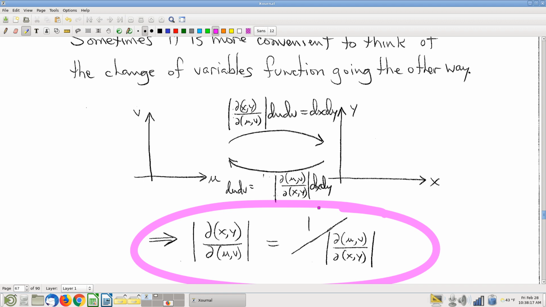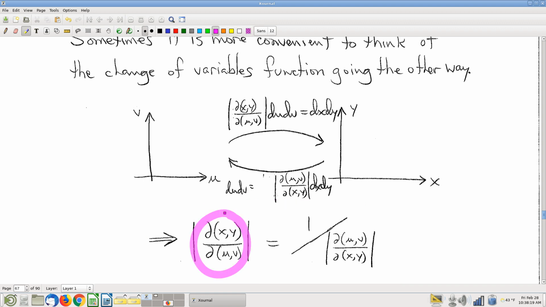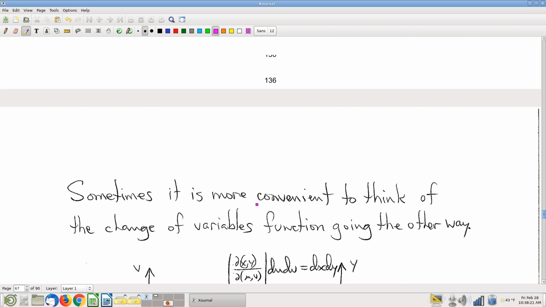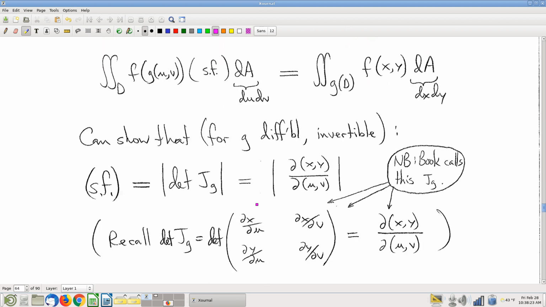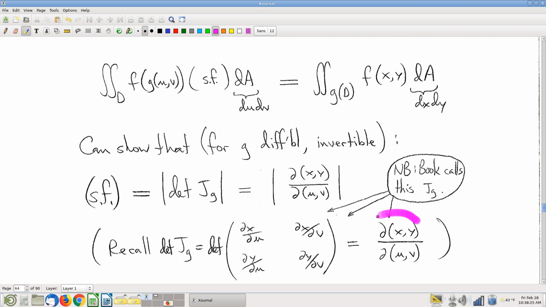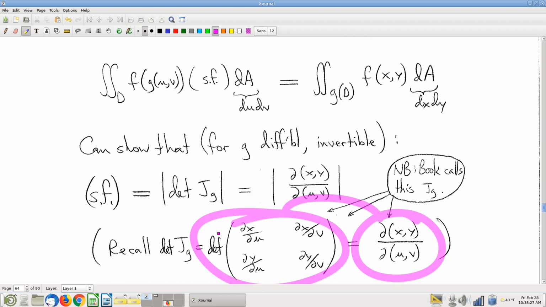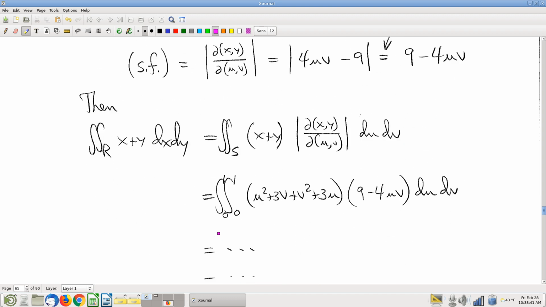Let's take a moment to acknowledge that this thing we're playing around with, despite my notation, is a determinant. It is not a fraction, and you cannot argue fractional algebra about things that aren't fractions just because I choose to write them as fractions.